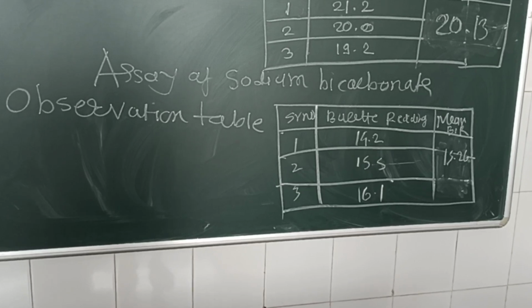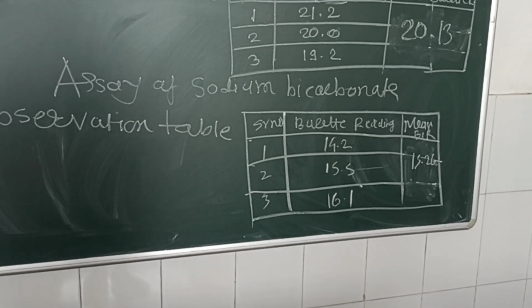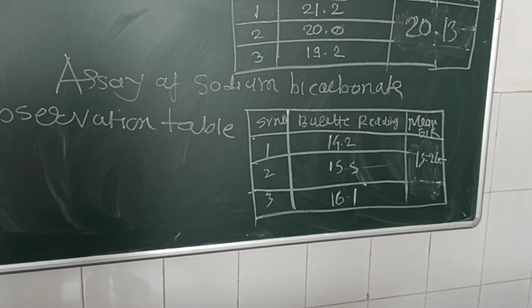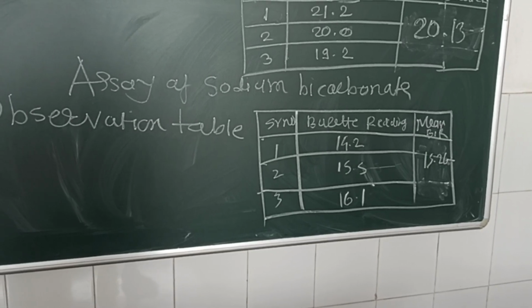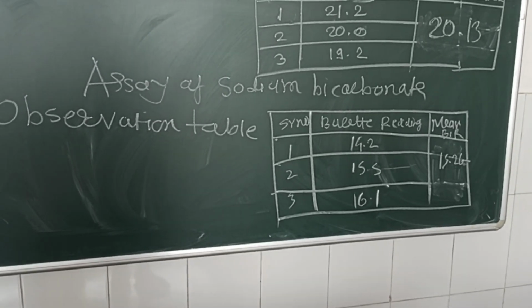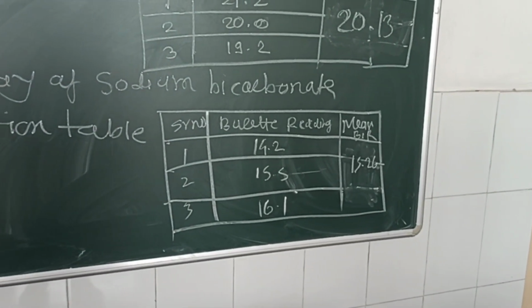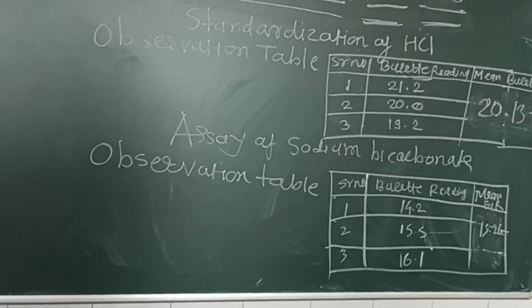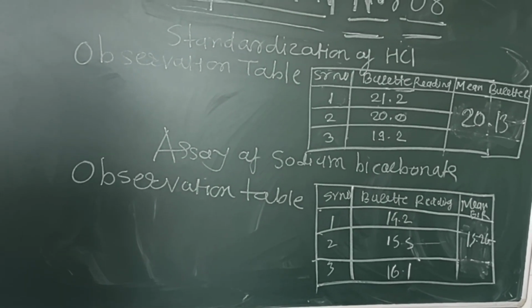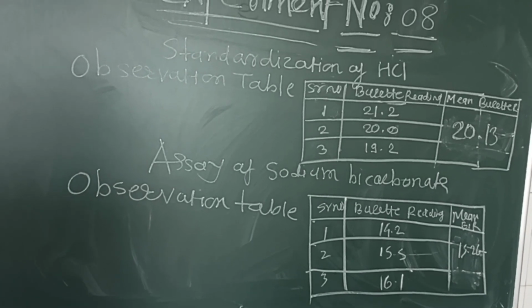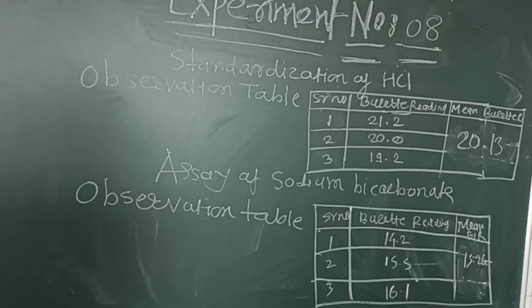For assay of sodium bicarbonate, we repeated the same procedure 2 more times. The second burette reading was 15.5, and the third burette reading was 16.1. So the mean burette reading was found to be 15.26. We have to put the first mean burette reading, of the standardization, in the calculation to calculate the molarity of hydrochloric acid.